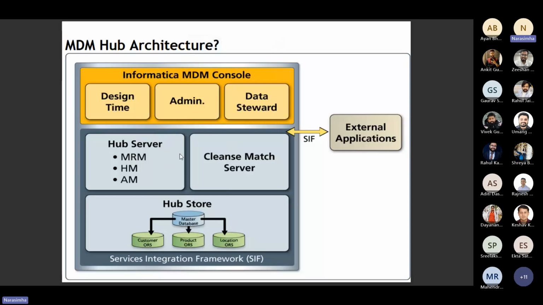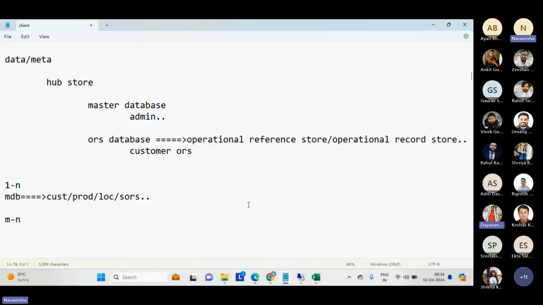Now the next question. Narasimha, one quick question. Yes. About the relationship, can you give an example of that many-to-many relationship for master and ORS? Okay. So usually the ideal case is there will be one master with n number of ORS databases.